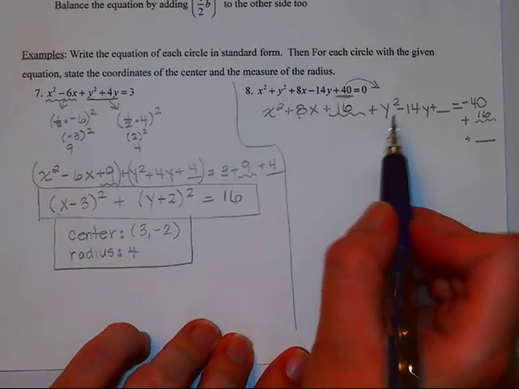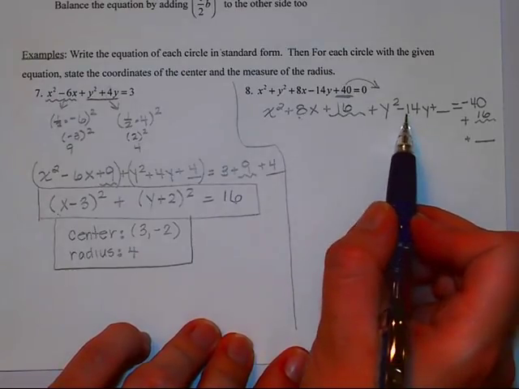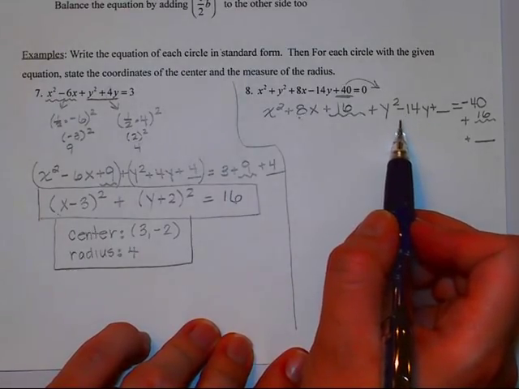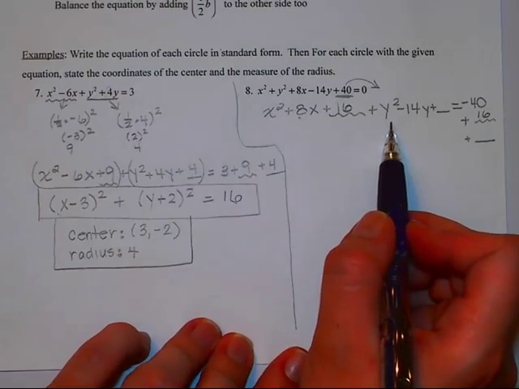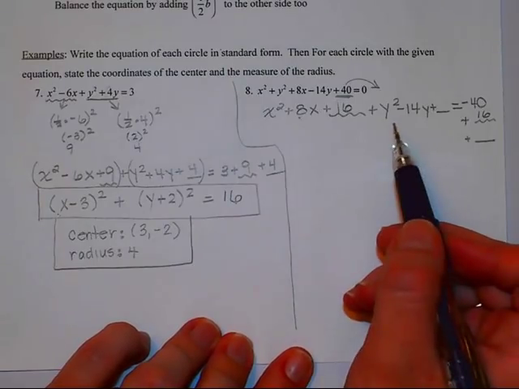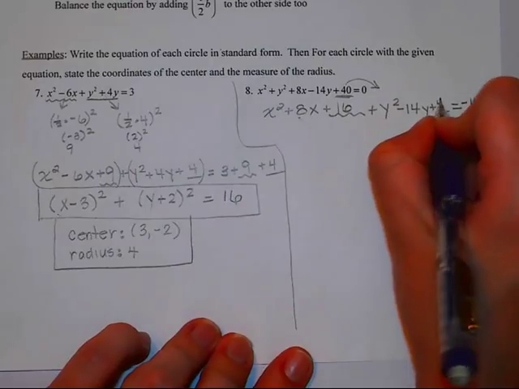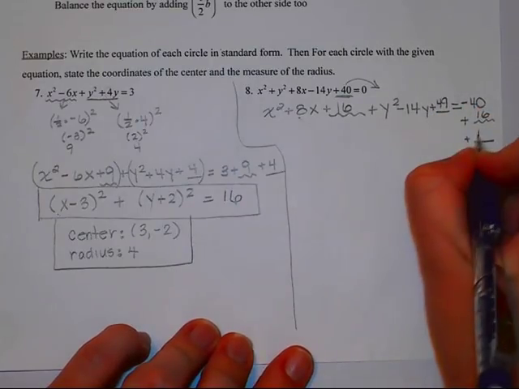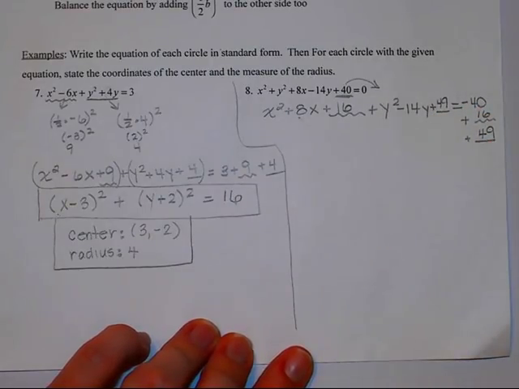For the y terms, the b value, the number attached to y, is negative 14. Half of that is negative 7, squared is 49. So I add 49 to the y terms and the right side of the equation in order to keep it balanced.